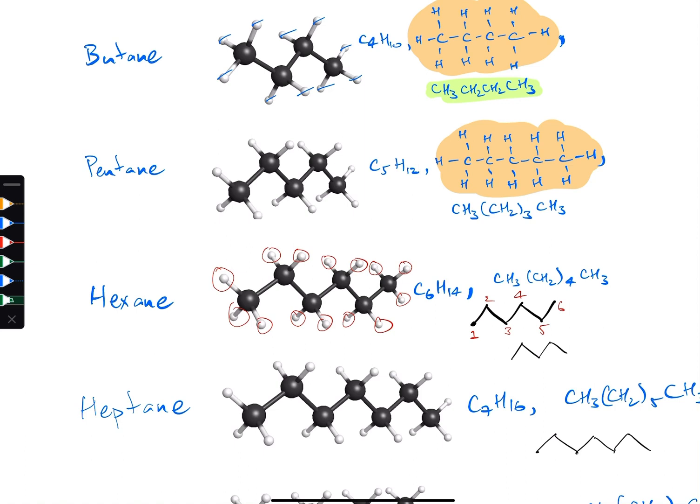Yep, so in these straight chain alkanes, if you have a carbon on the end, it only makes 1 bond with another carbon, so there must be 3 hydrogens on each one of those carbons on the end. Whilst if you have a carbon in the middle of these straight chain alkanes, they have 2 bonds with other carbons, and therefore they make 2 bonds with hydrogens.